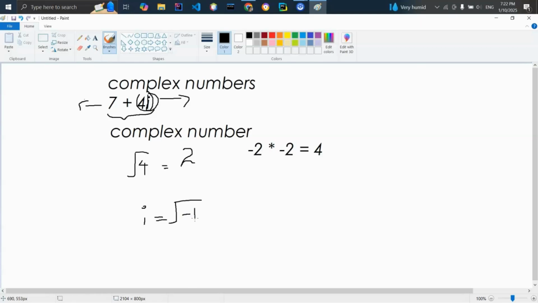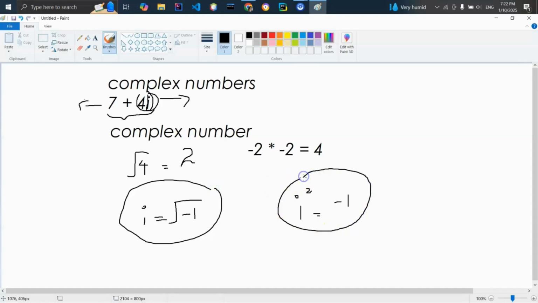When we square i, we get minus 1. Remember this and this.